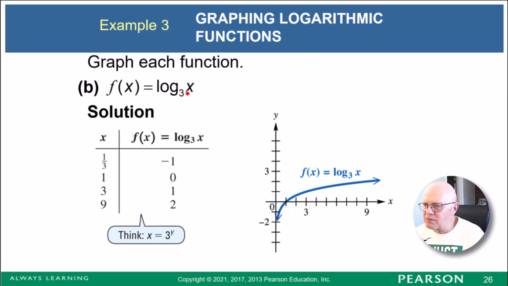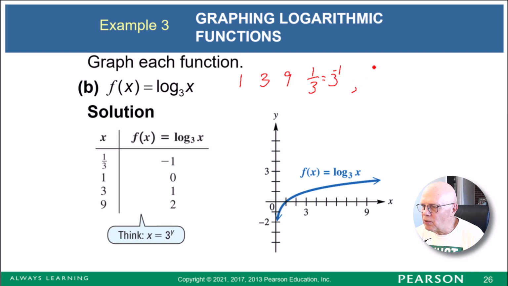So pick some numbers, for example, for x that are going to work out evenly. Like 1 is easy because that'd be 3 to the 0. You want to pick 3, you want to pick 9 because they're powers of 3. You also might want some fractions. 1 over 3, which remember is 3 to the -1.